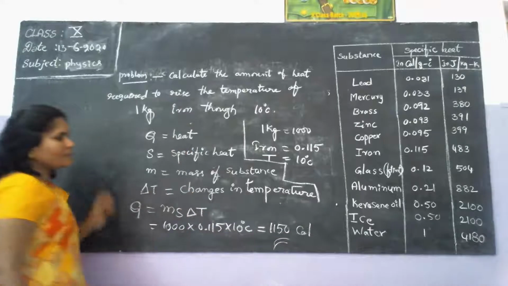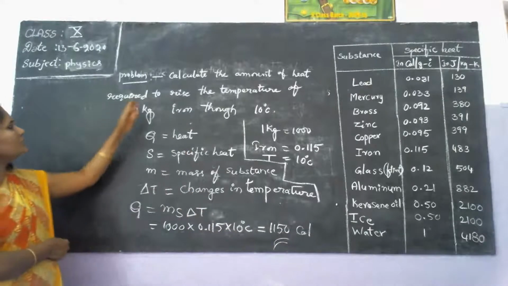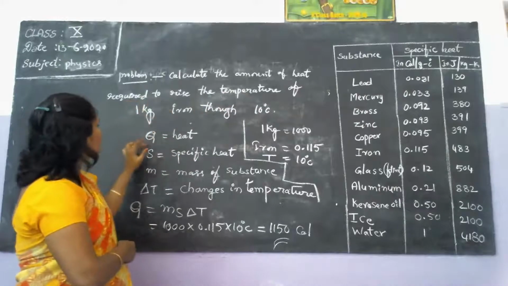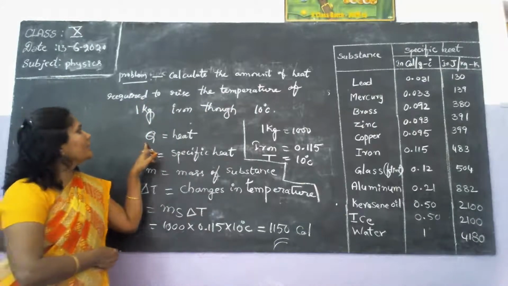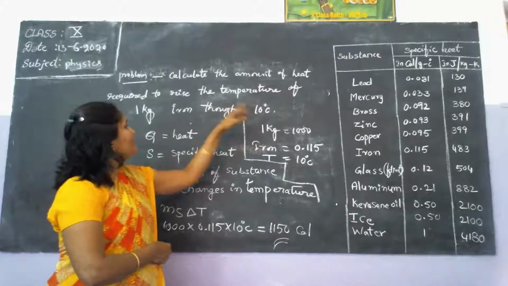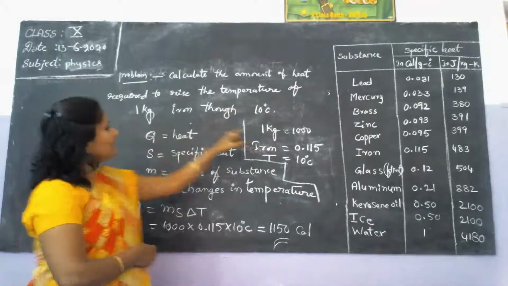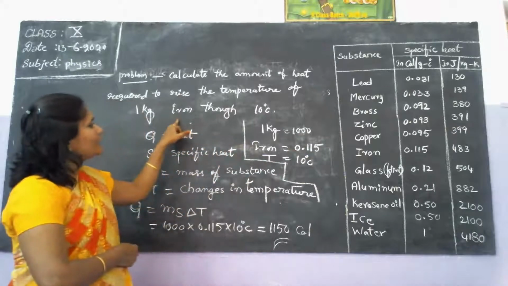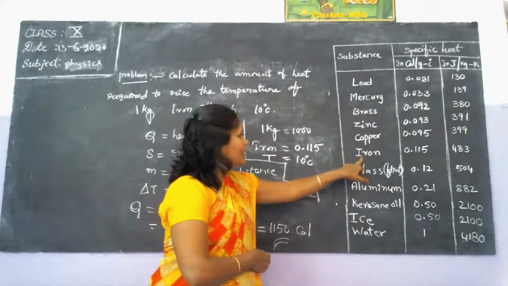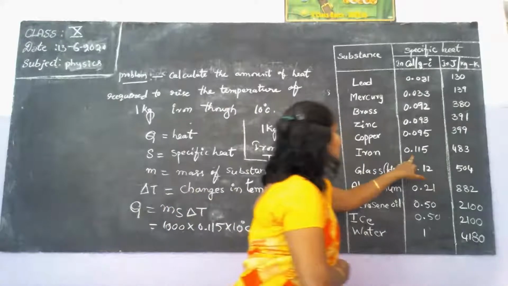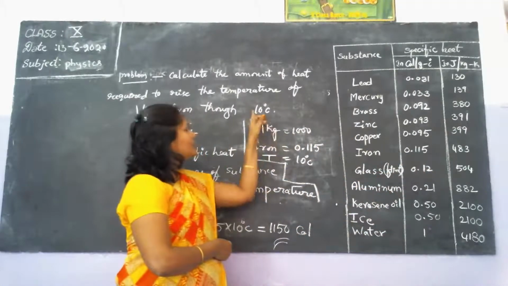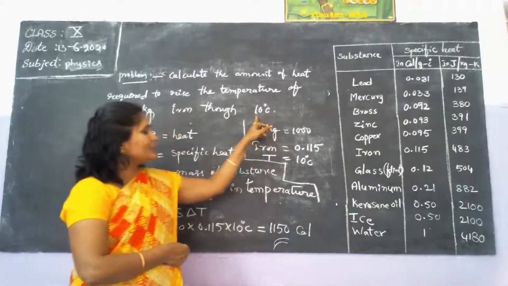This is the answer. So here in this problem, the amount of heat required is asked, so we don't know the heat. Raising the temperature of 1 kg, that means 1000 grams of iron. We know from the table the specific heat of iron in calories is 0.115. The temperature is already given as 10 degrees Celsius.